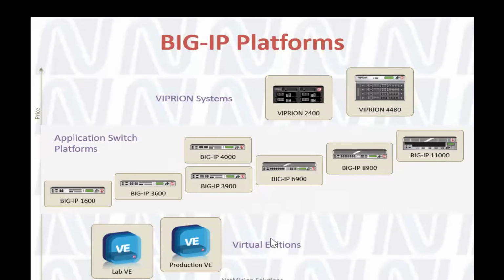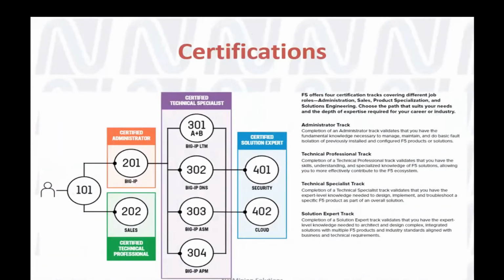So here we are using the virtual edition in our lab. Whatever lab you receive, all of those labs have the virtual edition. Same functionality. If you talk about the certifications part, in F5, certification starts with 101. Very basic, like what is STP, what is the OSI model, what is VLAN, those things.